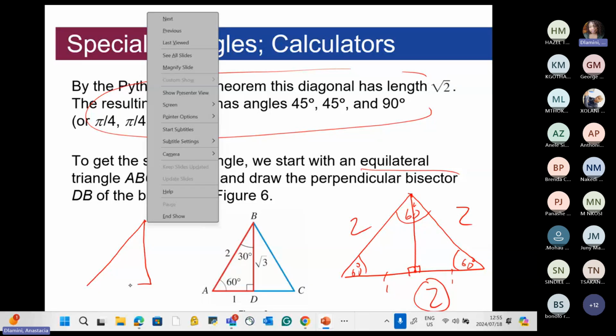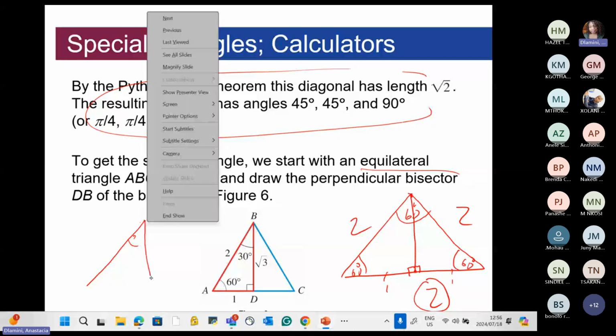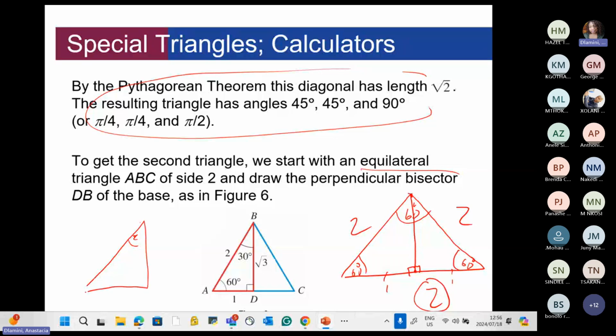Because here it's a bisector, it will be 30 degrees. If you have 60 degrees, you get 30 degrees. So this is 30 degrees, and then this is that 60 degrees, and this is that 2, and then you have that 1 there, and then you can use Pythagoras theorem to get this root 3. And because it's a perpendicular bisector, that's the 90.